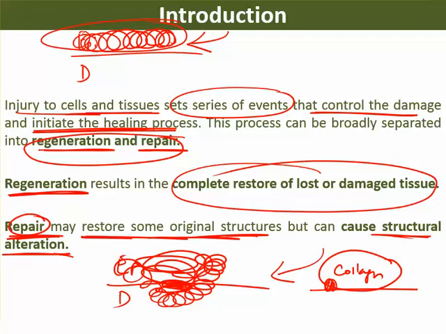Because I am talking about principle, you may not comprehend. When the injury is superficial, taking an example of skin injury, the skin has two parts, epidermis and the dermis. Superficial means epidermis is injured. If the epidermis is injured, then epidermis completely grows back.